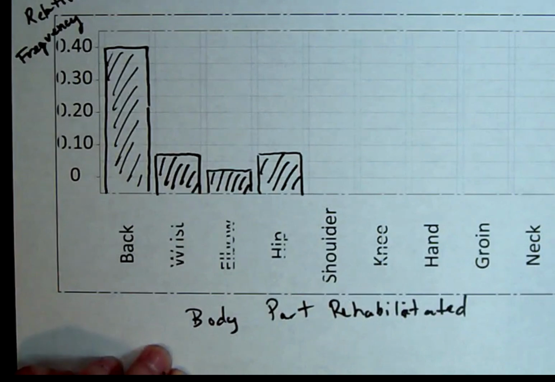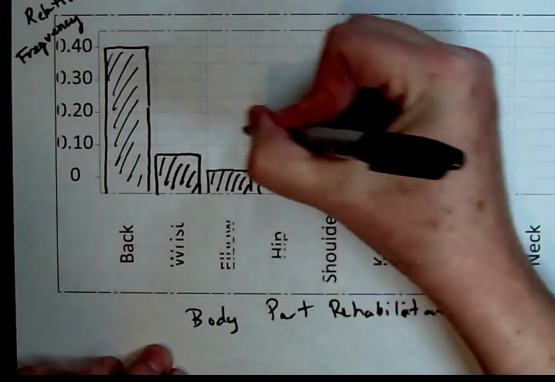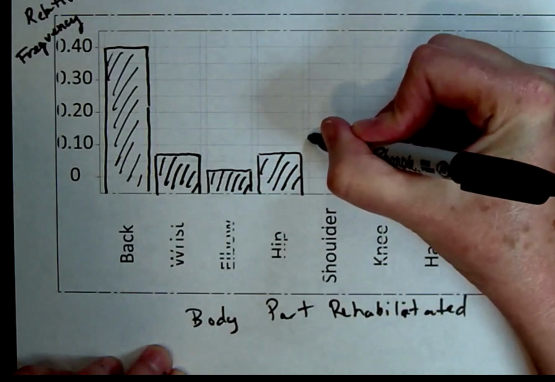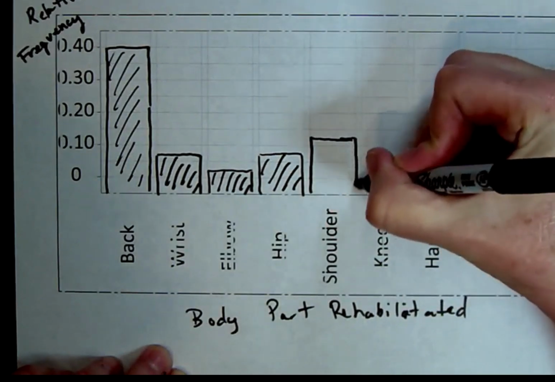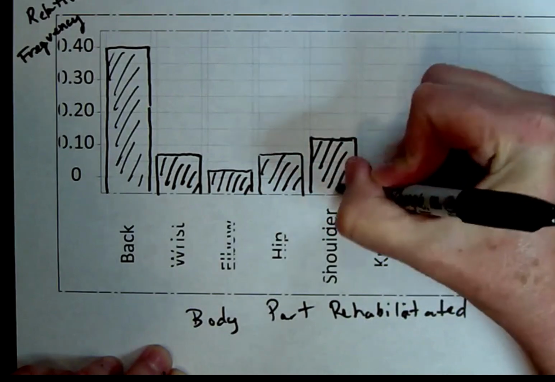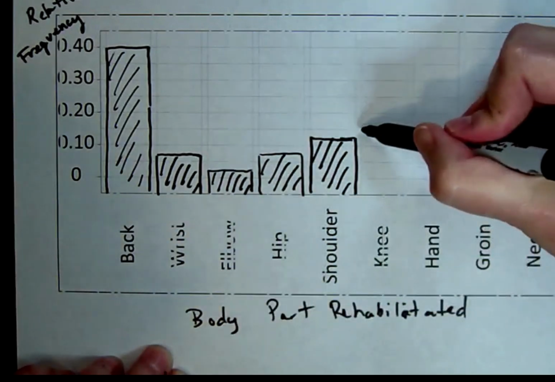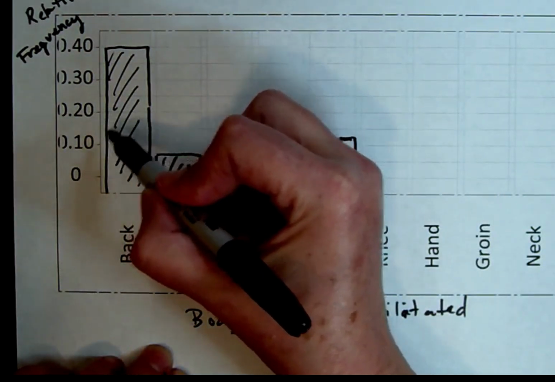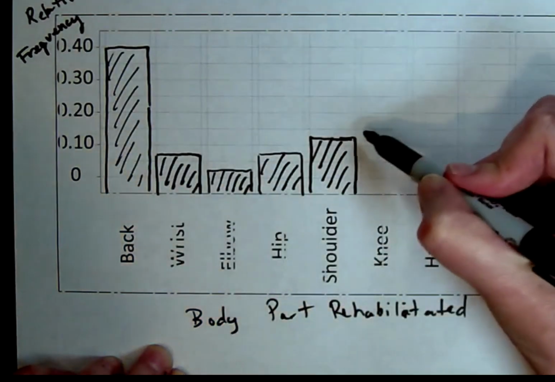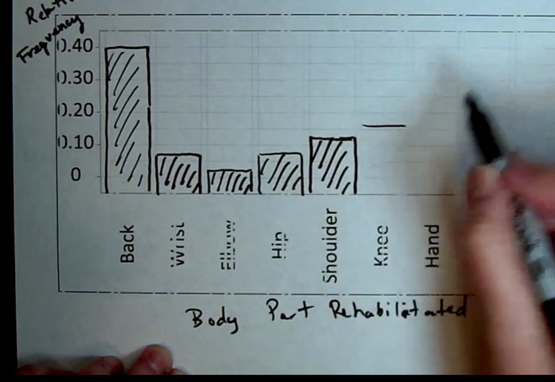For shoulder, we had 0.1333, so let's see, this would be about 0.15, so go down a little to about 0.13. For knee, we got 0.1667, so again, here's 0.1, here's 0.2, so in between is 0.15. I want 0.16, so up just a little bit from 0.15.